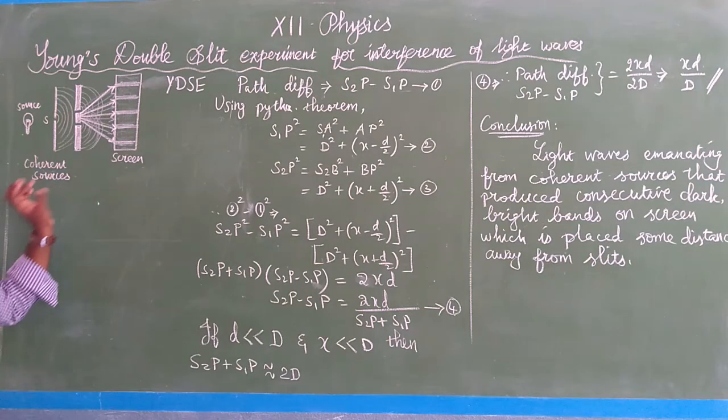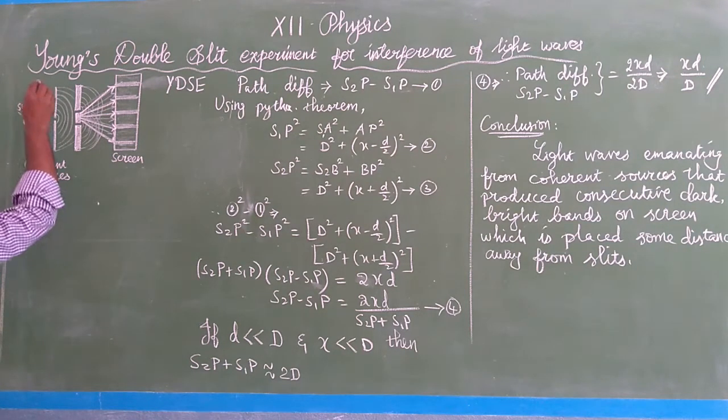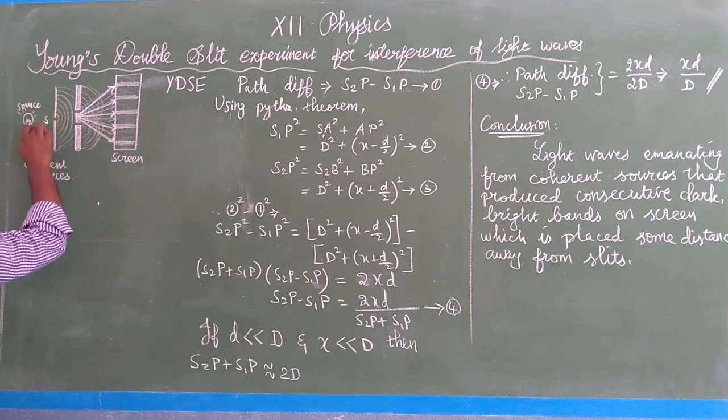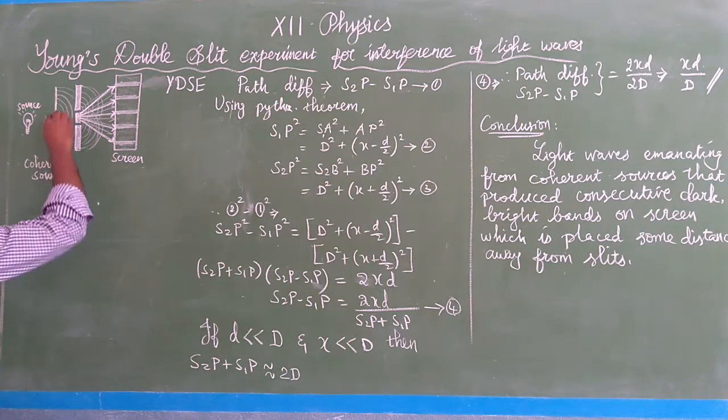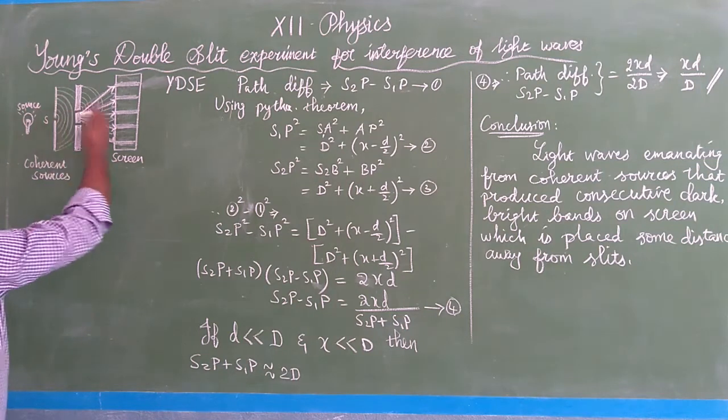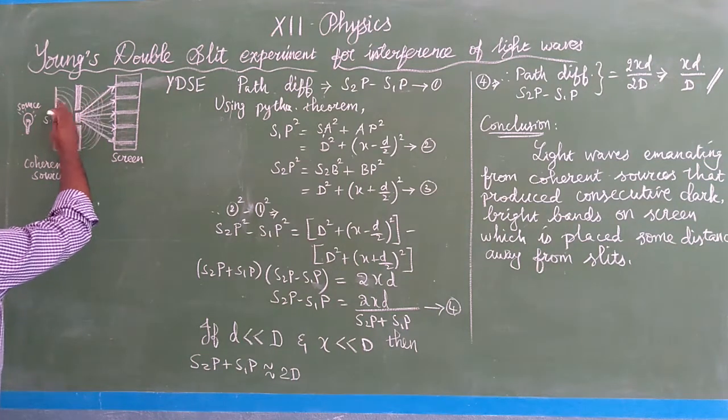Okay, look at the diagram. This is monochromatic sodium light. From the sodium, the emitted light is allowed to pass through a small slit. So this is a bright source. The circular wavefronts emanate from the source and travel towards the slits.